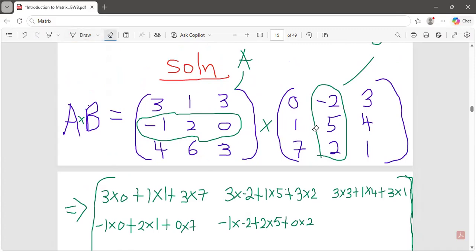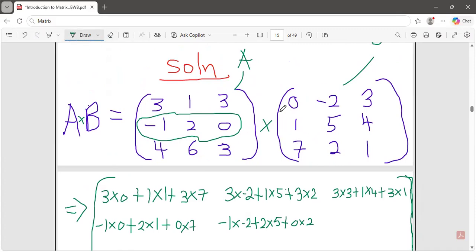Now that we are done with this column, we have to focus on the last column too. So this is going to become something like -1 times 3, plus 2 times 4, plus 0 times 1.